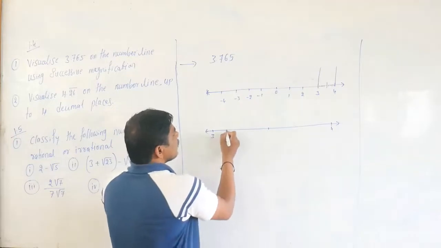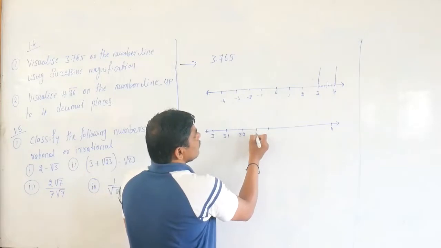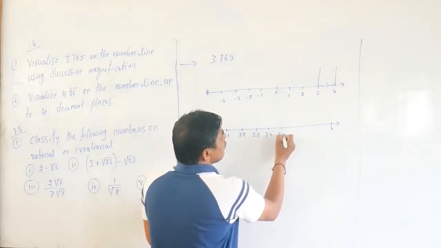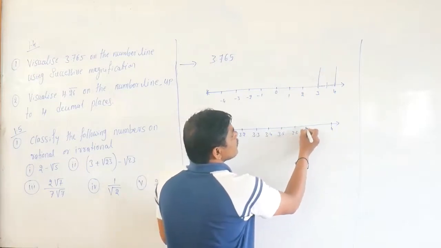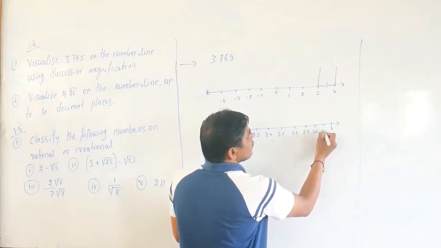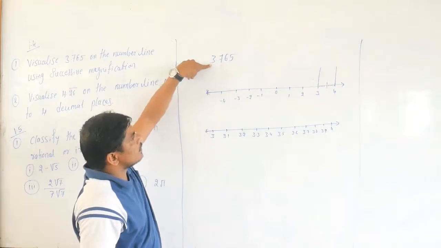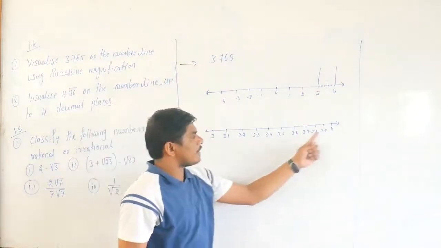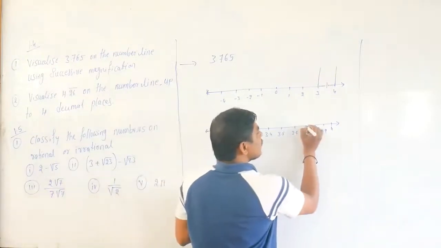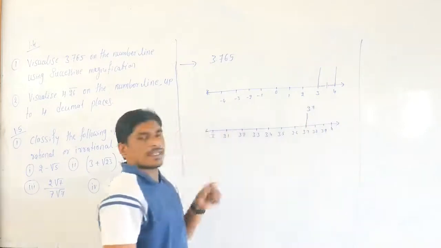That's why you mark 3.1, 3.2, 3.3, 3.4, 3.5, 3.6, 3.7, 3.8, and the next one is 3.9. Here 3.7 is in between 3 and 4, and you identify this as equal to 3.7. This is the second step.